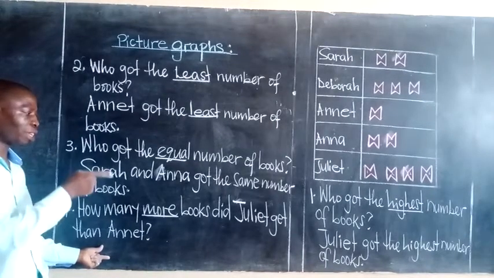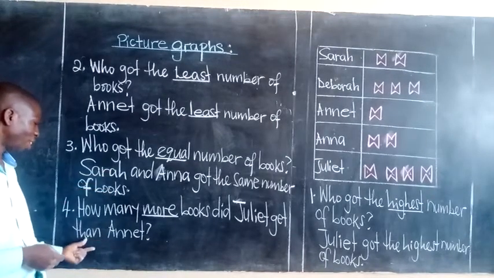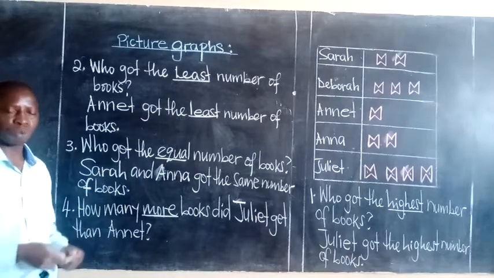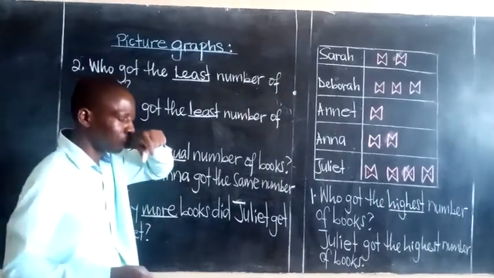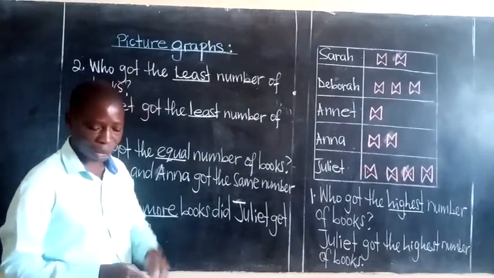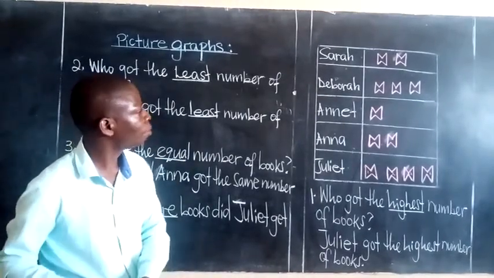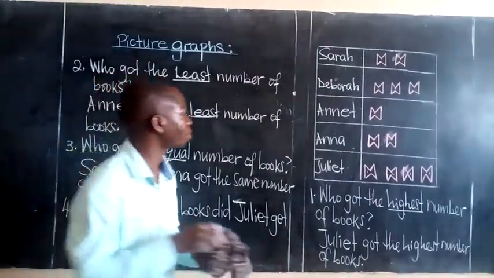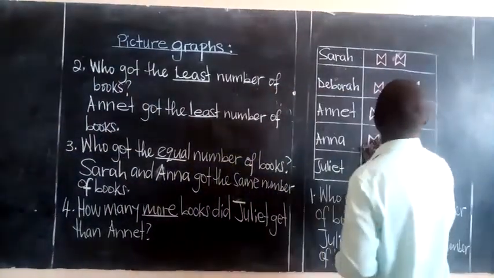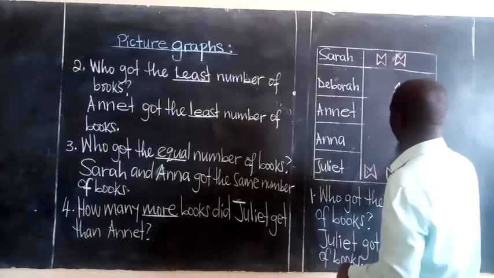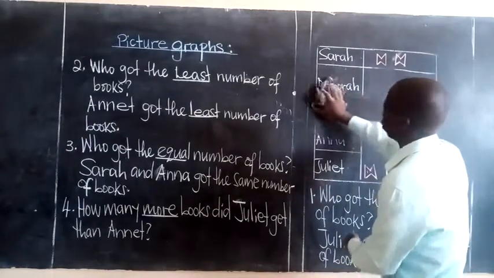Between the books that Juliet got and Annette got, we shall get the difference. You remember what we talked about difference in our previous lessons.